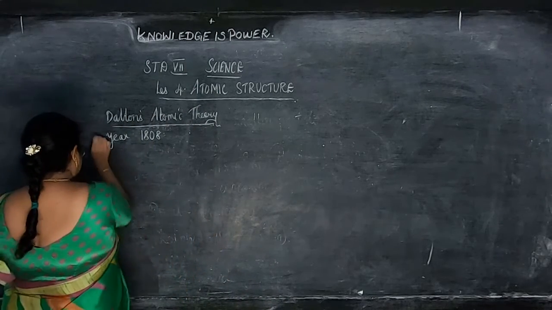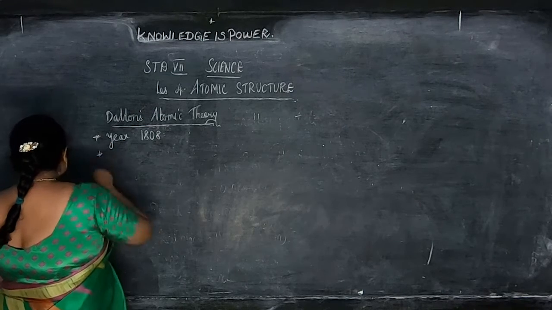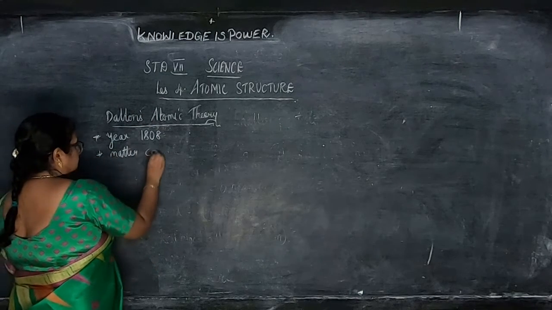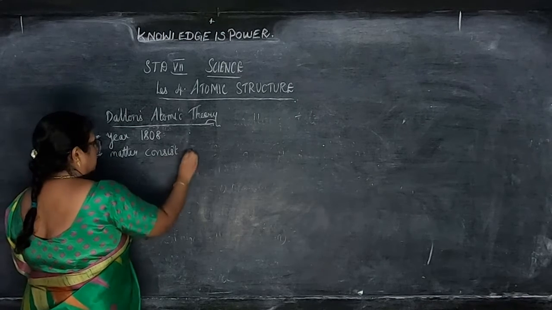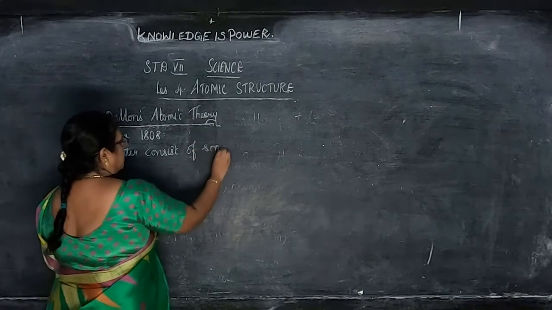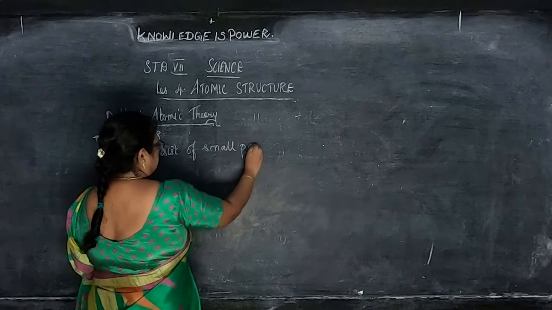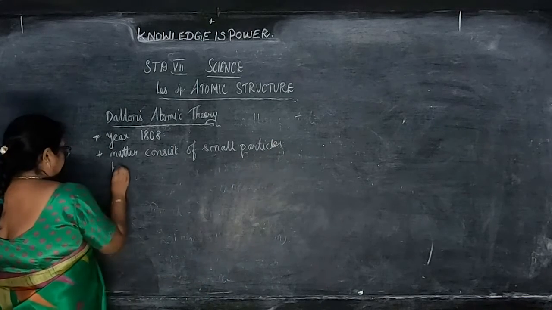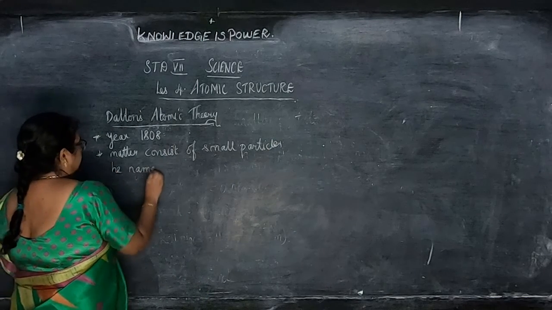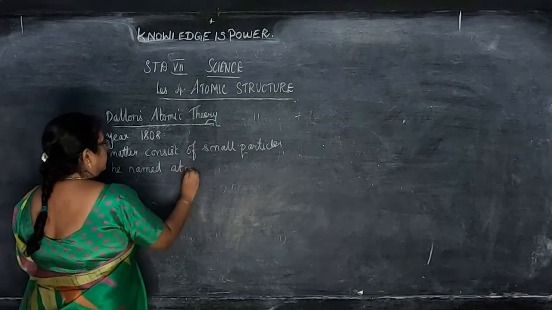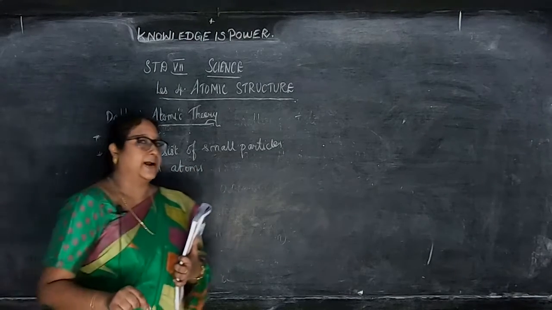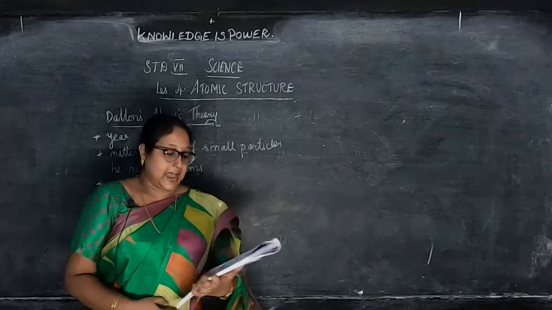That matter consists of small particles. So what name has he given? Particles which he named atoms. That is, matter consists of very small particles, and he gave the name atoms.